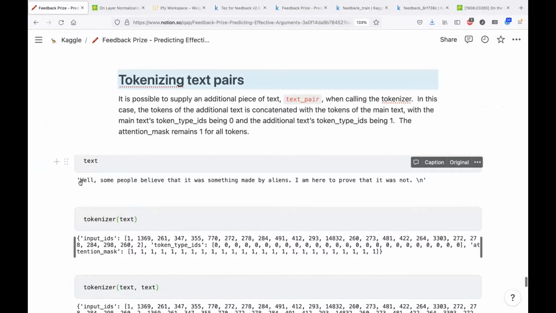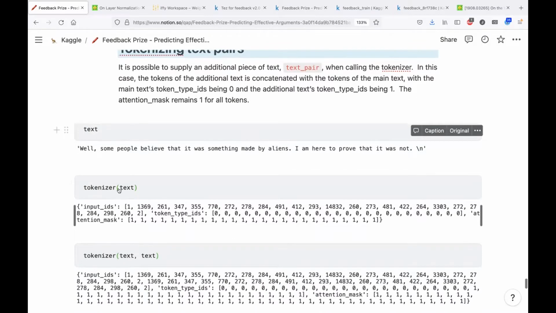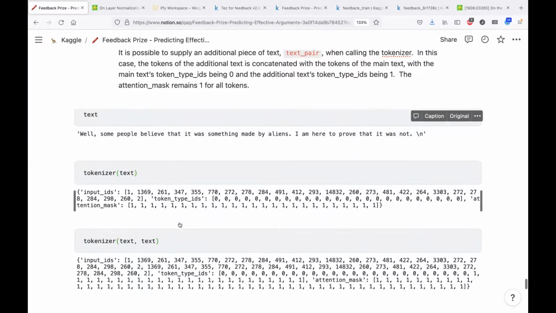I took a piece of text from the competition data and fed it through a tokenizer the usual way. So I'm getting some token IDs, token type IDs all 0, and the attention mask all 1.